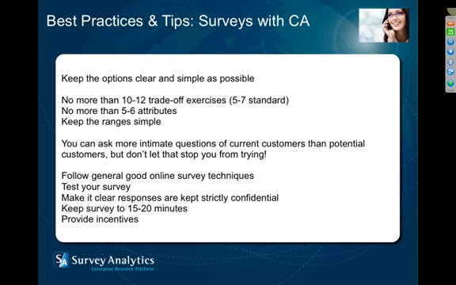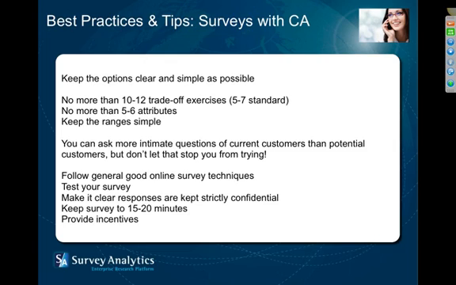Definitely test out your survey and make sure the responses are clear, and make sure that your respondents know that all of the data you are receiving is going to be kept strictly confidential. For the majority of surveys, I would say keep them to 15 to 20 minutes. Anything over that, you definitely want to provide some sort of an incentive.